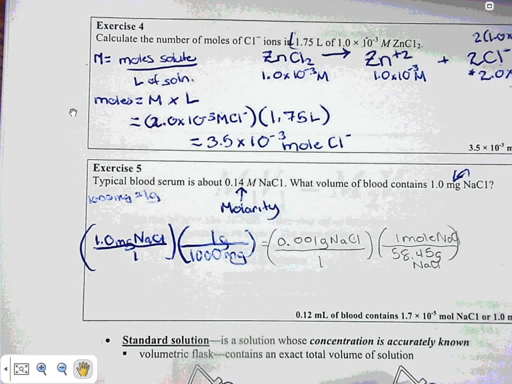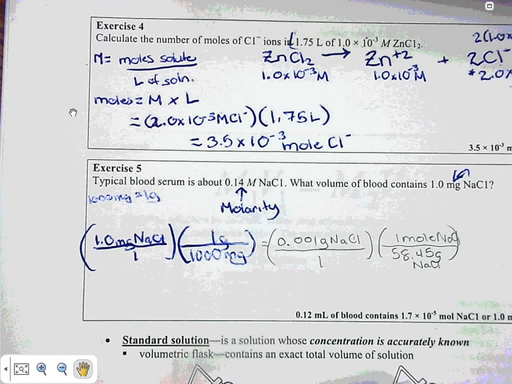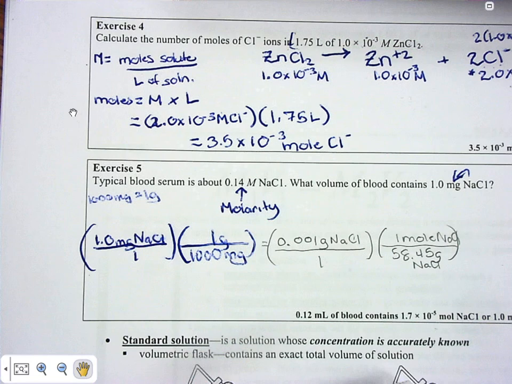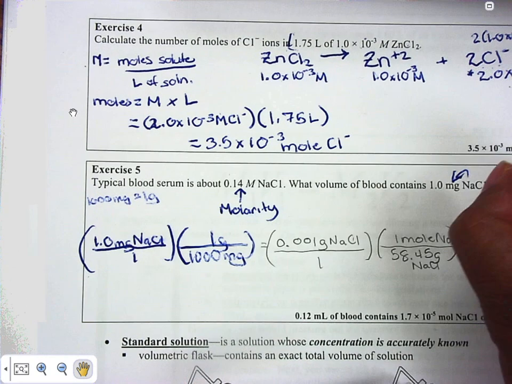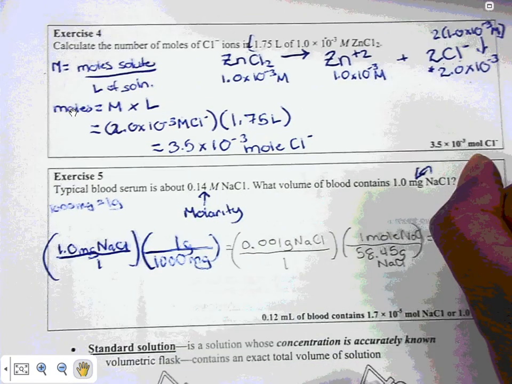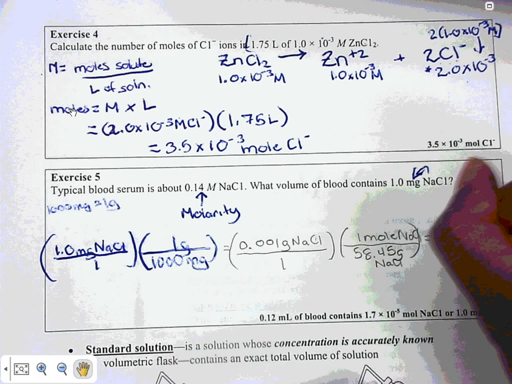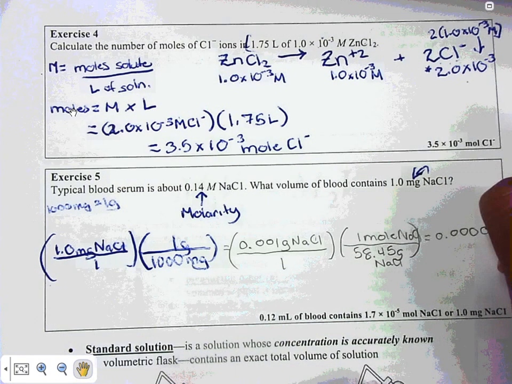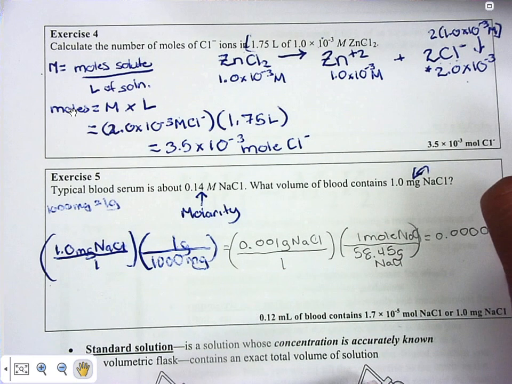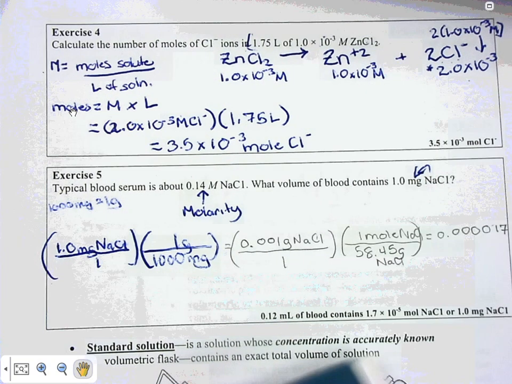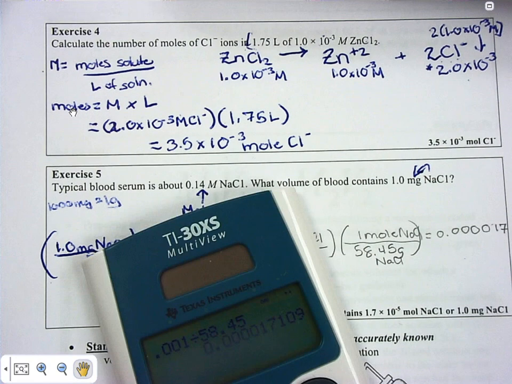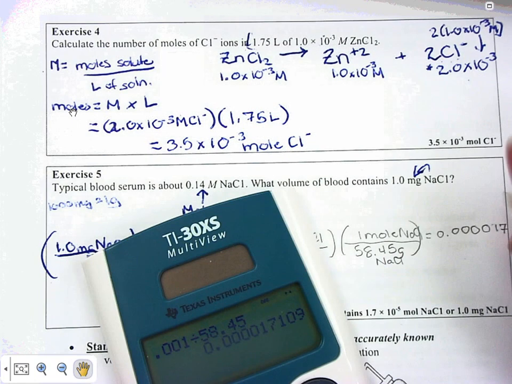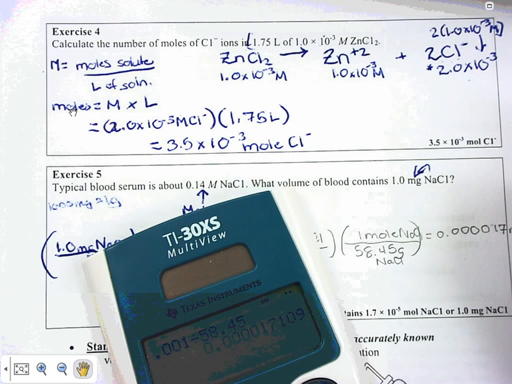So I'm going to take that 0.001 and divide it by the 58.45, and that's going to give me my moles of substance, or sodium chloride solute, rather. And that's roughly 0.00, that's a lot of zeros, 0.000017. We'll round it to that. And that's our moles of NaCl.